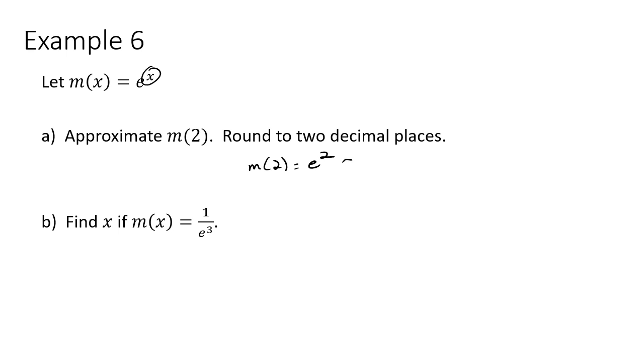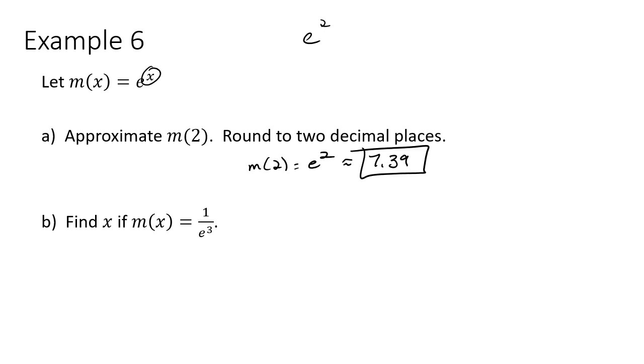And we want to approximate this to 2 decimal places. Now, scientific calculators have an e button on them, so you'll want to make sure you look for that because it comes in handy. And you just want to type into your calculator e squared. And so if you typed in e squared, you would get a number that is about, rounded up, 7.39.